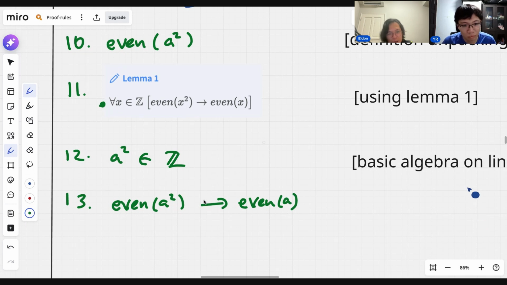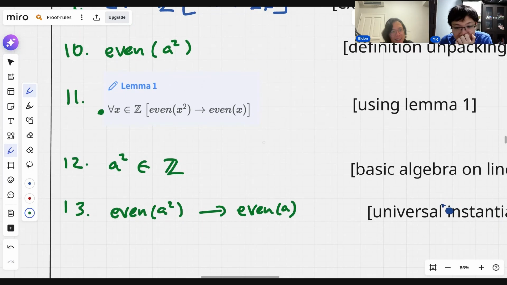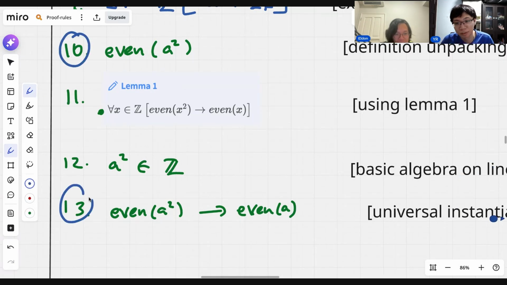This is universal instantiation on line 11, right? Oh, and line 12, I almost forgot that you're supposed to use 2 lines, but line 11 and line 12. Okay. And then now I can take this line and apply modus ponens, right? And conclude that A is even.